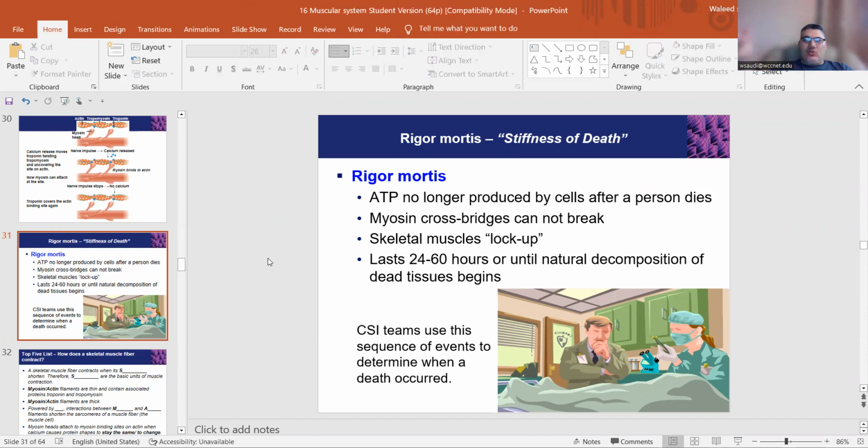That will stay from 1 up to 2.5 or maybe 3 days, and then the muscle will decompose, and this will go away. But this will happen to every single person when they die. For the first 1, 2, or 3 days, they will have rigor mortis because there is no ATP, so the muscles lock up temporarily.